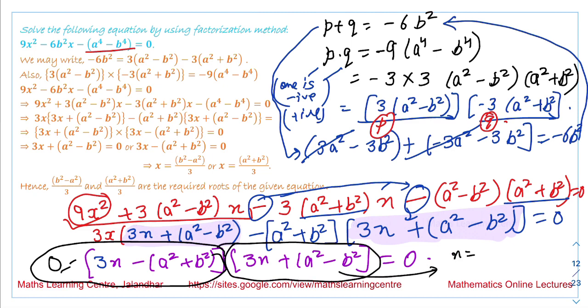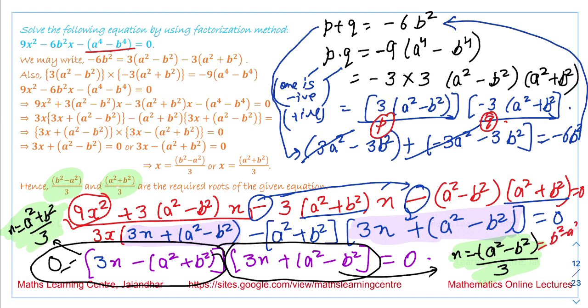This gives us x is equal to (a square plus b square) by 3, and x is equal to minus (a square minus b square) over 3, which we can write as (b square minus a square) by 3. So these are the two answers we are getting.